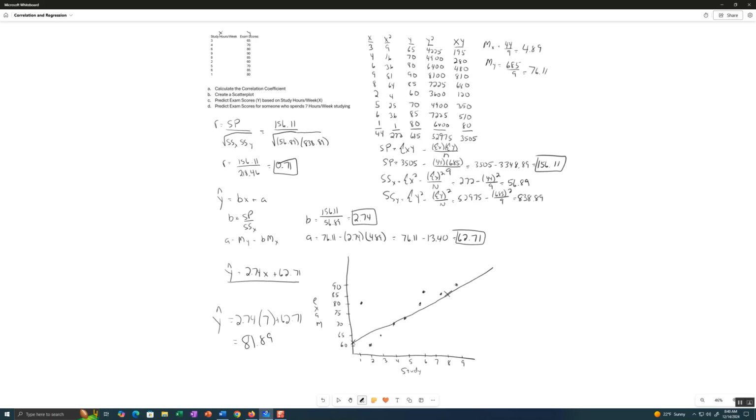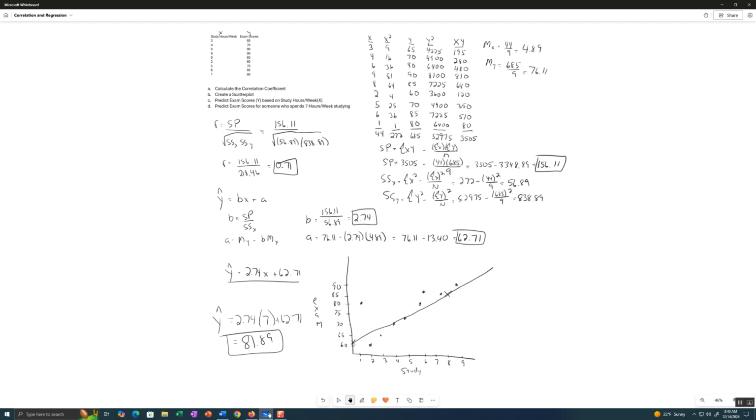So for someone who studies 7 hours a week, their exam score is 81.89 based on this regression model. So that's pretty good. And obviously, the more you study, the better your exam score is going to be.